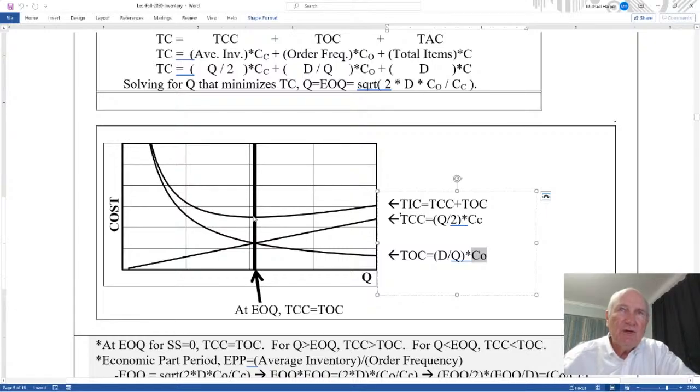So underestimating is much more costly than overestimating, and this shows it. And that's why people overestimate. They game the system. Well, there's nothing wrong with that. It's better than being short, because it's more costly being short than being long.